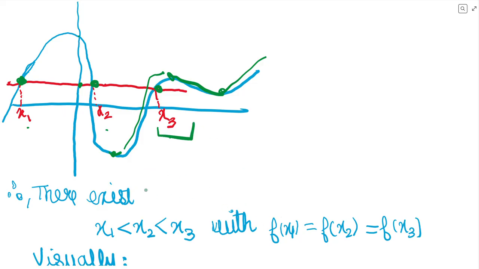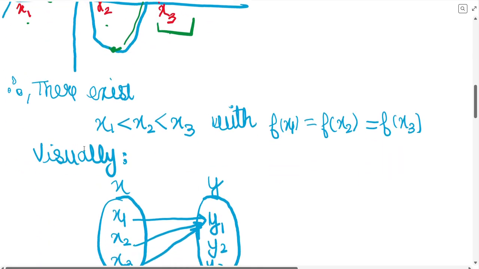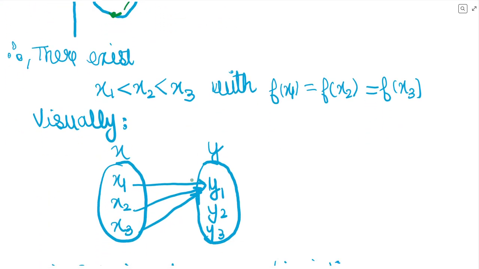So x3 is the greatest, right? And we can see that on all three of the values of x, the y part of the function, the value of the function f(x), is the same: f(x1), f(x2), and f(x3) are the same. Okay, so now we'll try to understand it visually.